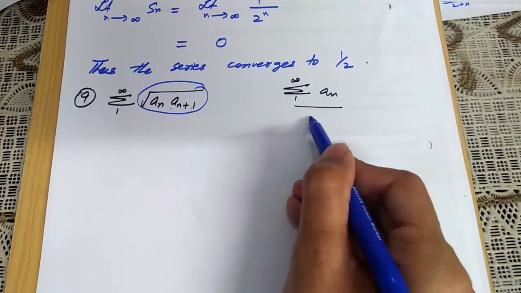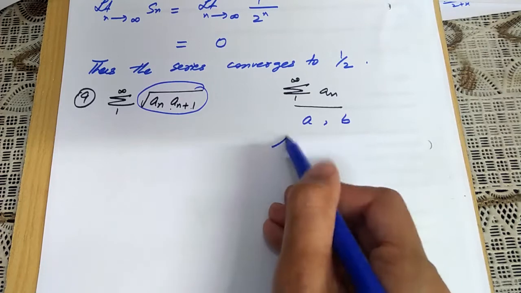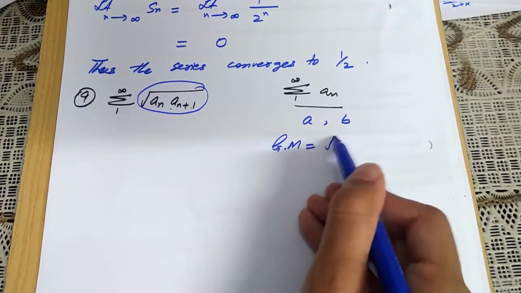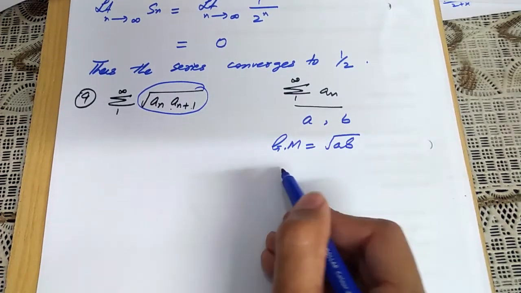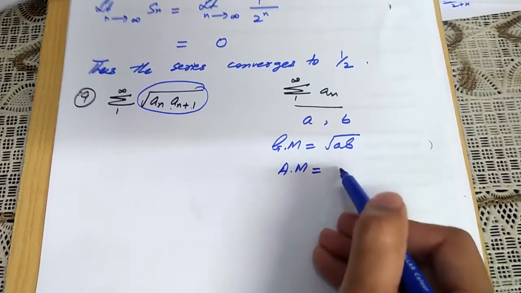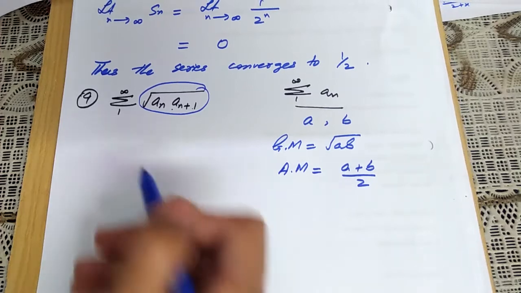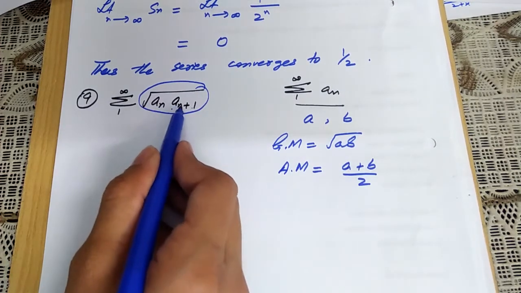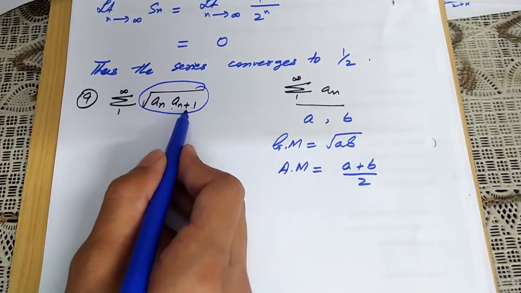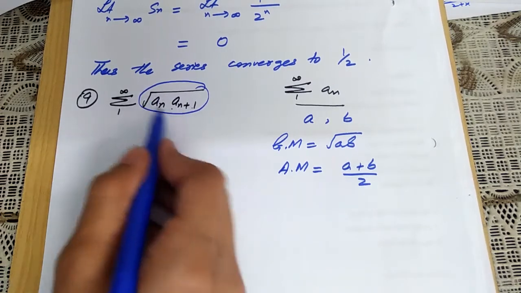If you have two terms a and b, then their geometric mean will be equal to under root ab, and their arithmetic mean will be equal to the sum of those two terms divided by 2. We know that an and an plus 1 are both positive, so their geometric mean cannot exceed the arithmetic mean.